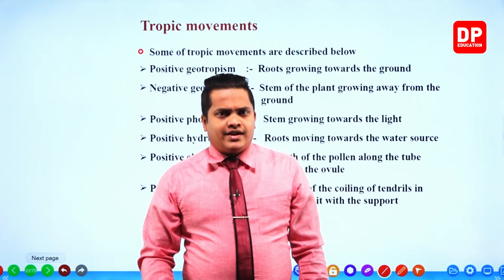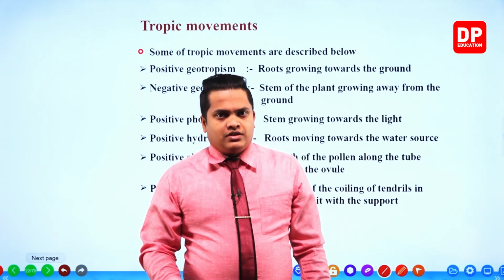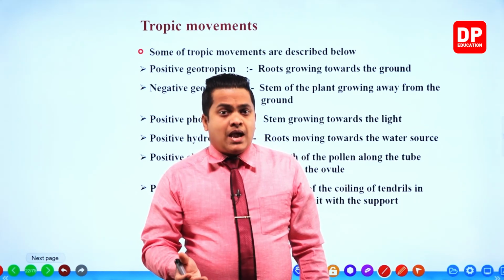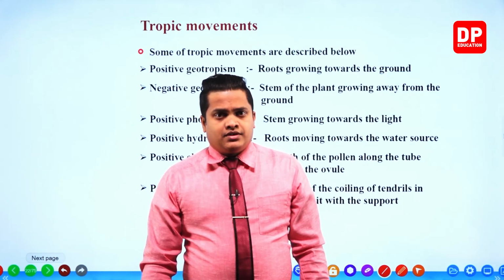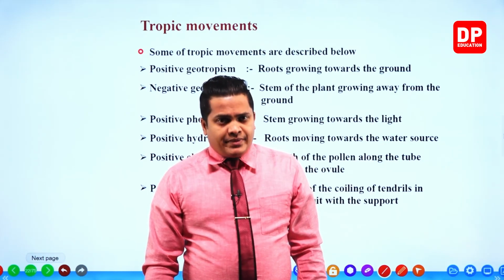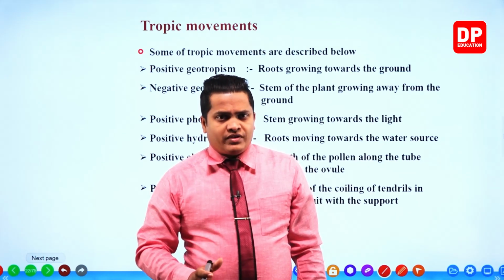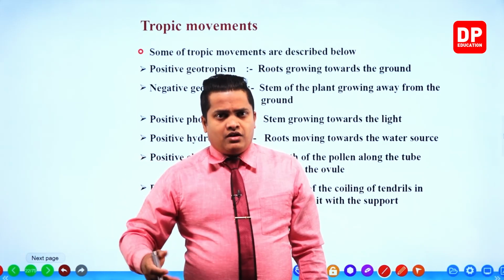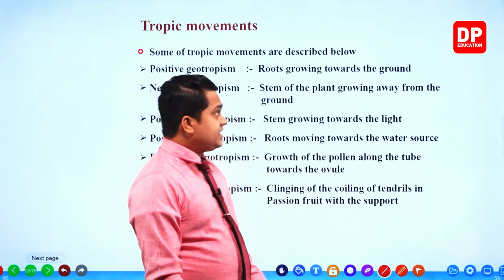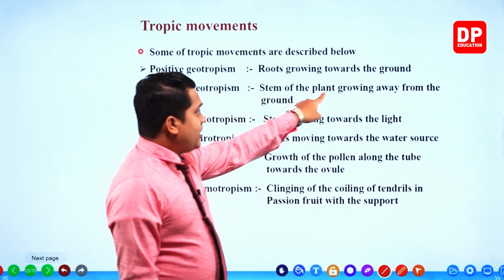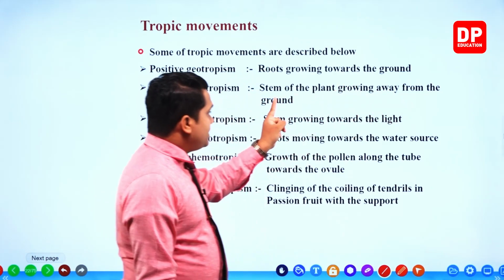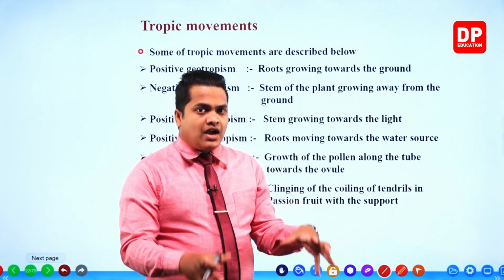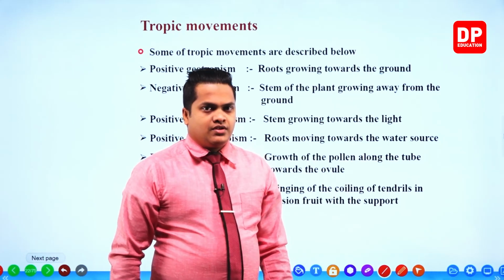We know that, and it is very obvious to us: the stem of the plant, the apex of the plant, is always growing away from the soil. So here it is given: stem of the plant growing away from the ground.